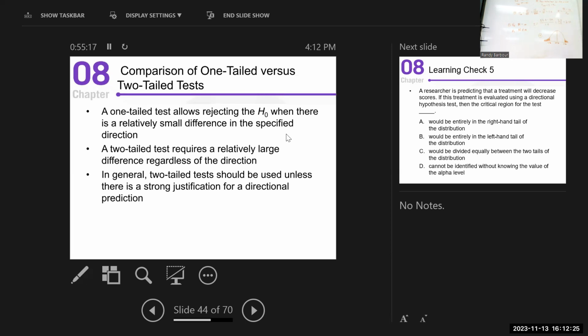So where does that z-score fall? We said our critical region is 5%, and 5% is 1.96.